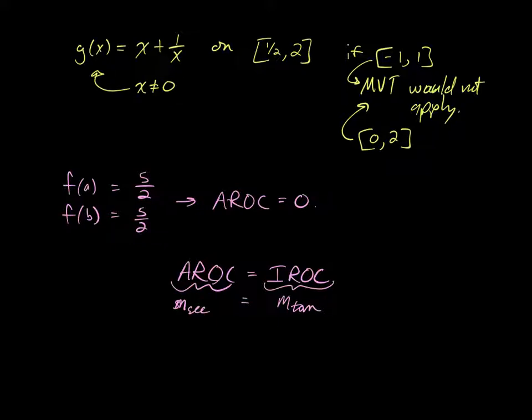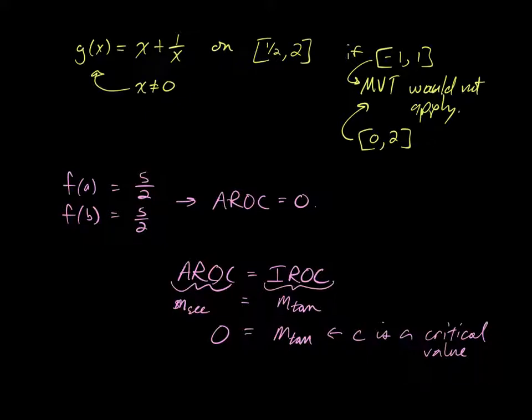So if the slope of the tangent line equals 0, then we are guaranteed that c is a critical value. And now we're guaranteed that on this interval, there's possibly a maximum or a minimum happening at that point.